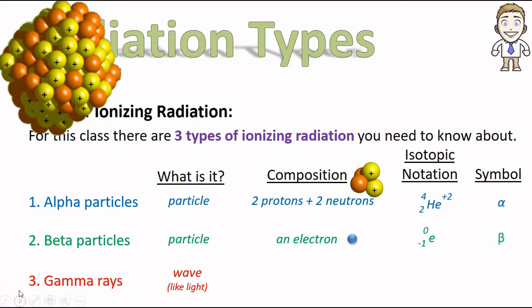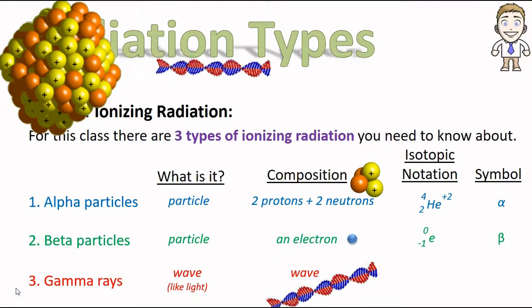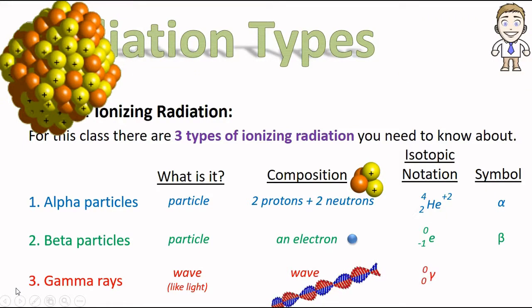And the symbol would be the Greek lowercase letter beta. Finally, gamma rays are just waves. It's kind of hard to show what those look like, but this oscillating blue and green wave does a pretty good job. So a wave can get shot out by an unstable nucleus as well. Symbol would be the Greek letter gamma with 0, 0 because it's not made of any particles and has no mass. The same gamma would be used for its symbol.